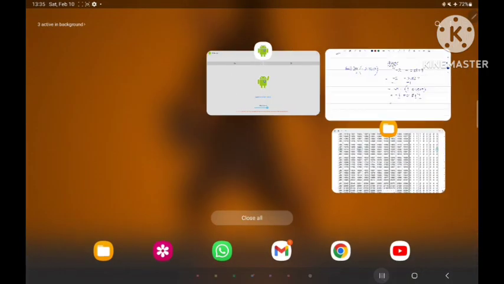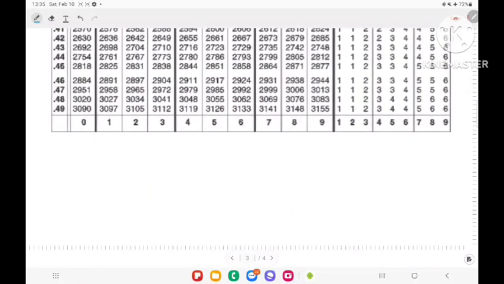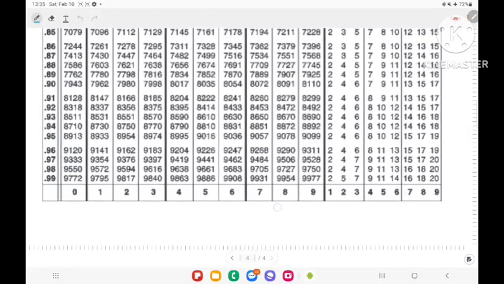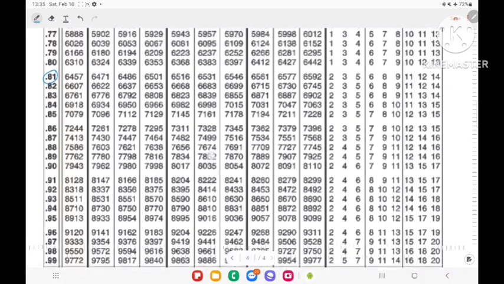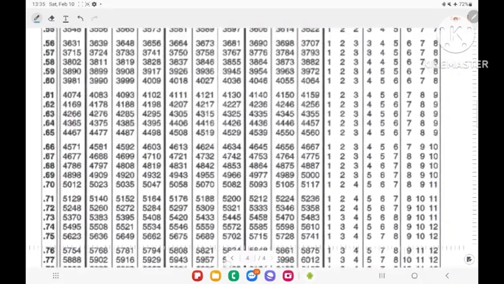Okay, now we will see in the antilog table what is the antilog of 0.8171, in the antilog table, not in the log table. 0.81, and 7 will be where?